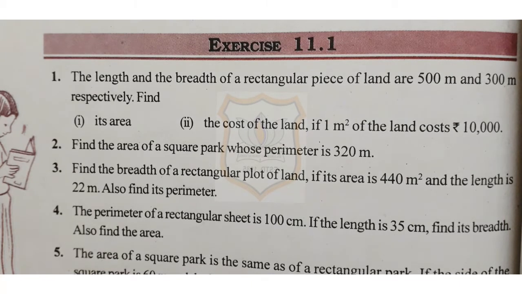Second part is the cost of the land. If 1 meter square of the land costs rupees 10,000, you have to find out the cost of that land. So let's solve question number 1.